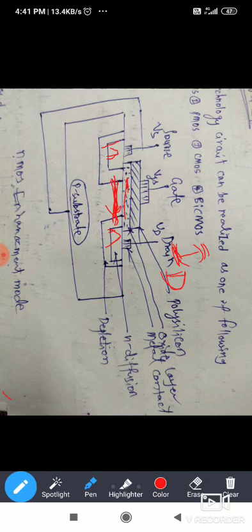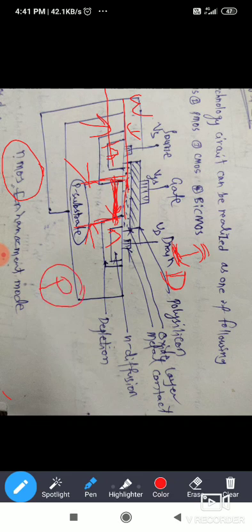And this length is called the channel length. And this one to this one is called the channel width. Channel width, this is channel length. And for NMOS enhancement mode MOSFET we will use P-type substrate.